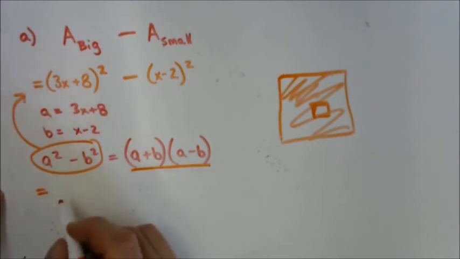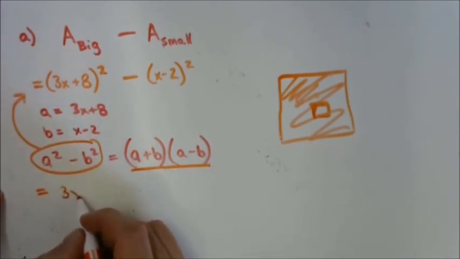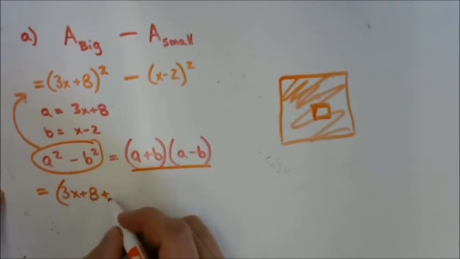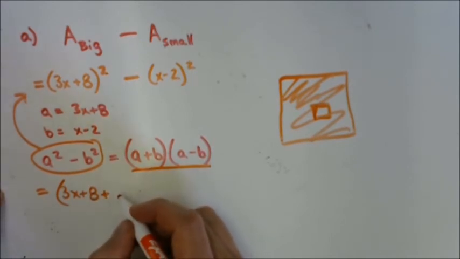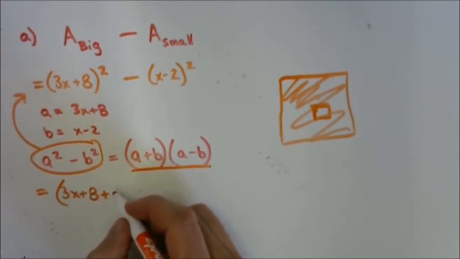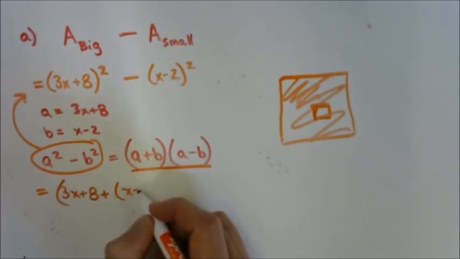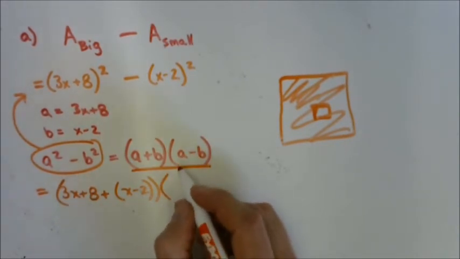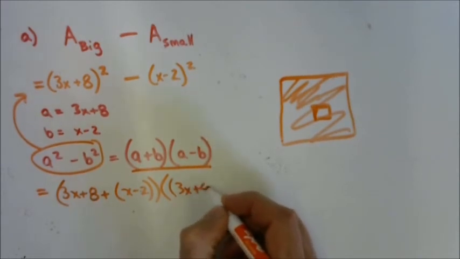Now we've got a plus b. We said a is 3x plus 8. And we're going to add b, which is x minus 2. And in our second bracket, we've got a, which is 3x plus 8.